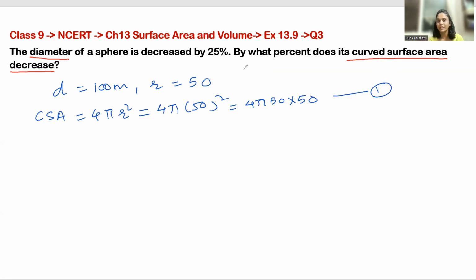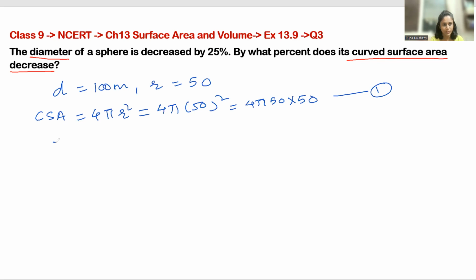Now, we go to the second condition, where the diameter is decreased by 25%. When you decrease the diameter by 25%, that means after decreasing, the diameter is going to be 75%, isn't it?